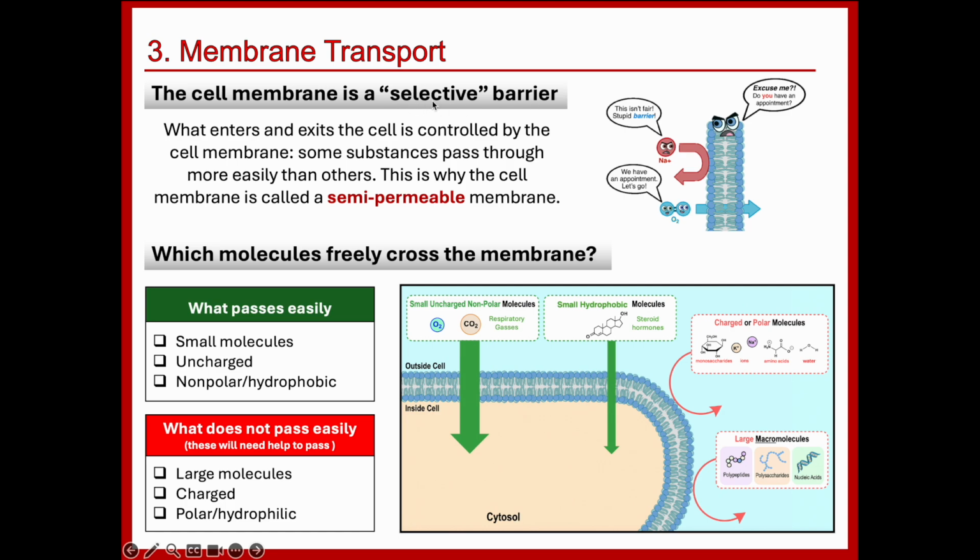Because it selects which molecules it wants to enter or not. Remember I told you the cell membrane is basically this border agent that is checking to see what is coming in or not. So what enters and exits the cell is controlled by the cell membrane.